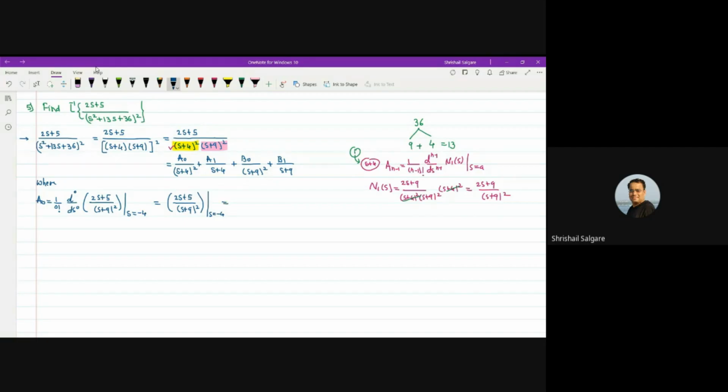When you substitute s equal to -4, it comes as 2 times -4, which is -8, plus 5, divided by -4 plus 9, which is 5 square, that is 25.